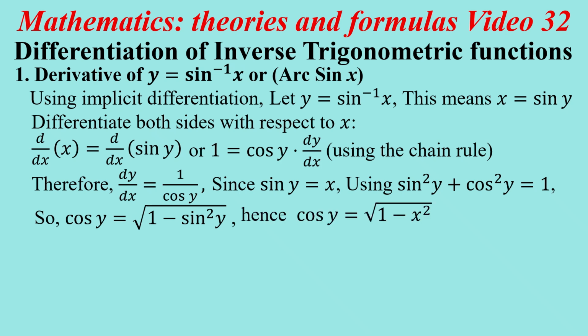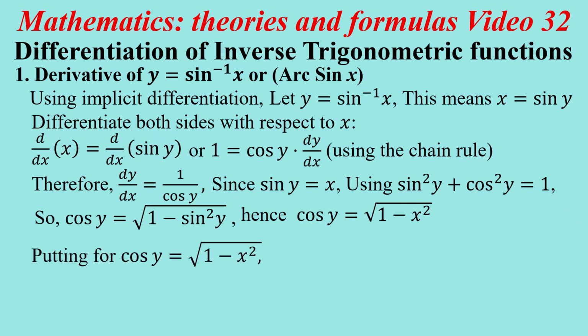So cos y is equal to root under 1 minus x square. Why x square? Because sine y is equal to x, and cos y is root under 1 minus sine square y, so for sine square y, we put x square.